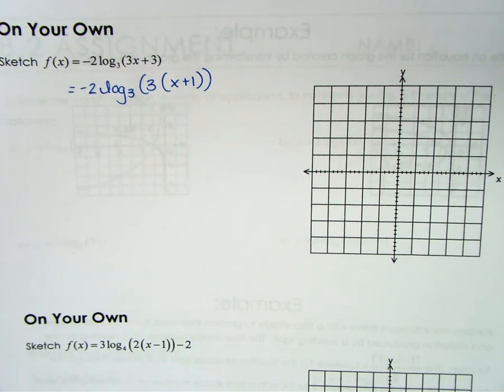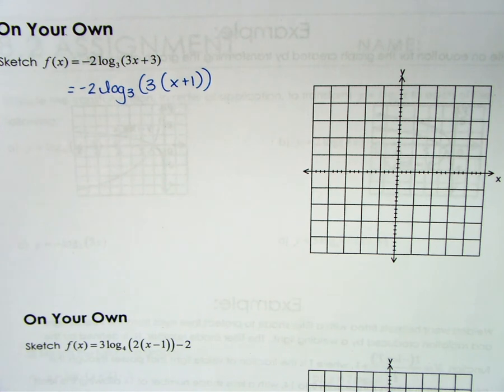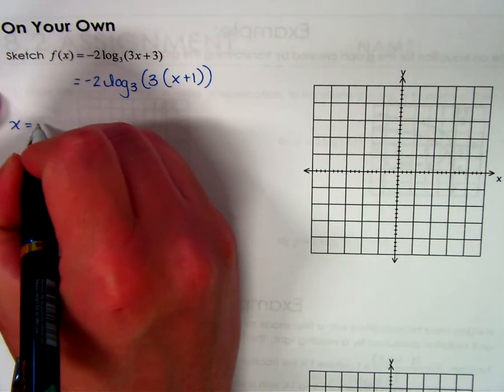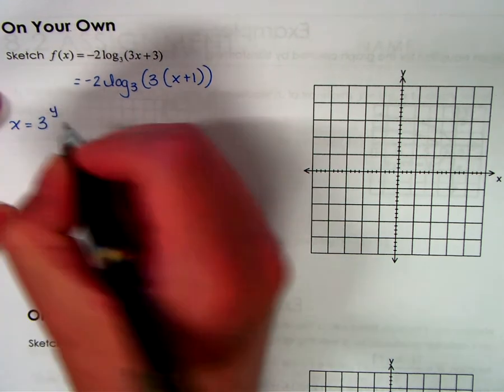Okay, what base am I using? Base 3 this time. So a new table again. So x equals 3 to the exponent y.